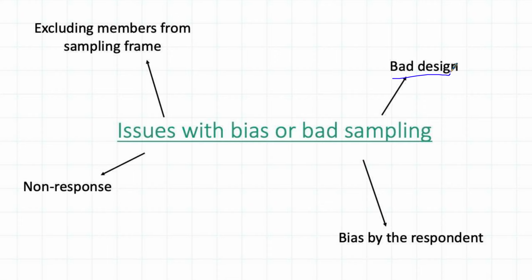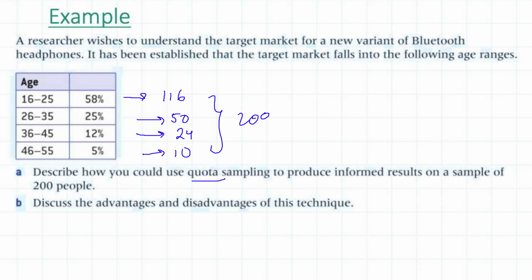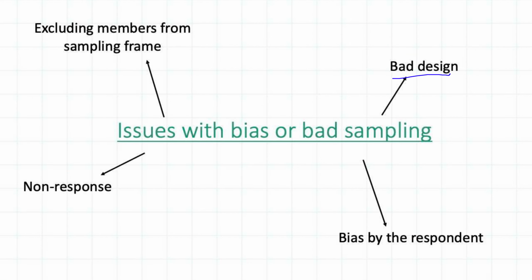Other issues would be if you're excluding members from the sampling frame, like you're trying to do a certain age group and then you're excluding some. So in here, maybe you do have people above 55 that are still using Bluetooth headphones. So you're excluding them even though they're part of the population.